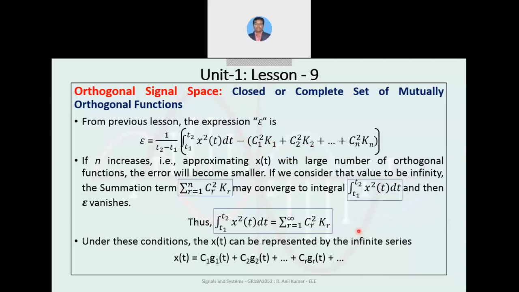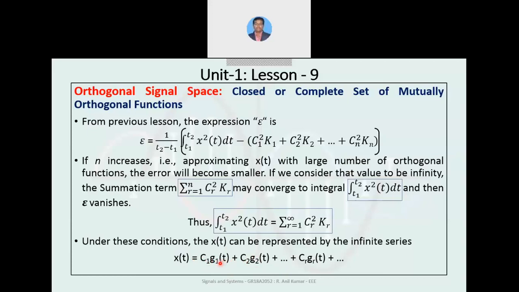So this is how the infinite series can be expressed, and the signal x of t can be represented with c and g. So c is the magnitude and g is the signals that we are expressing with respect to x of t.